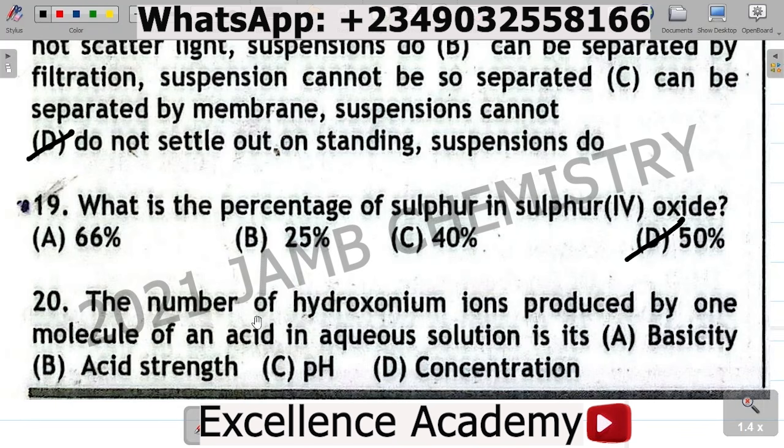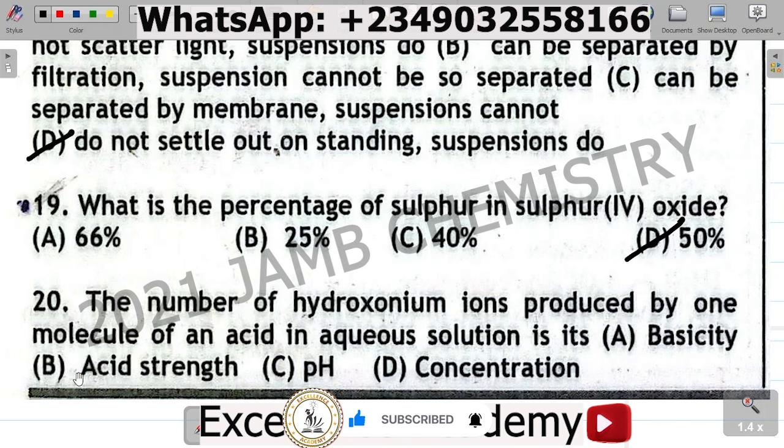Question 20. The number of hydroxonium ions produced by one molecule of an acid in aqueous solution is its A. Basicity, B. Acid strength, C. pH, D. Concentration. Now for this question, you want to note that there is something called basicity.